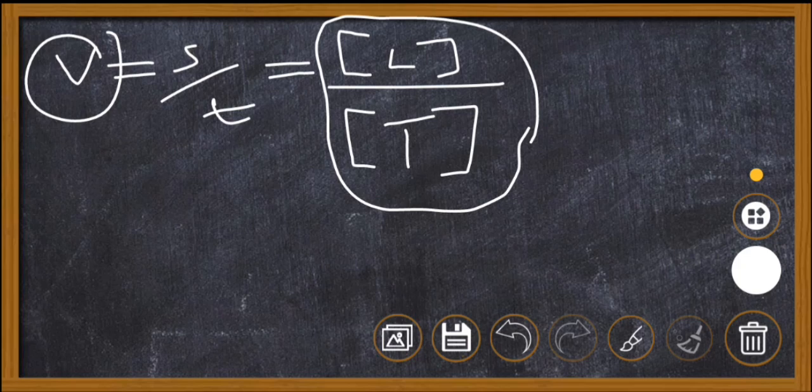This is how we represent them. You know the units for the given physical quantity, and then replace them with the dimensions of the units of that quantity.